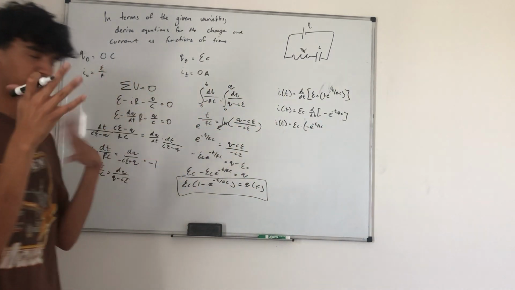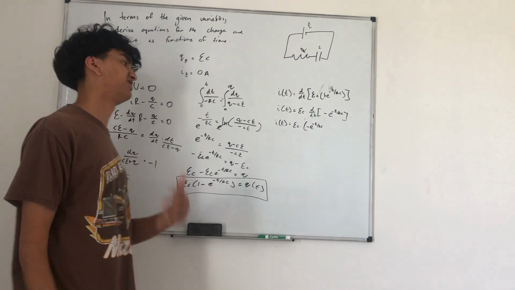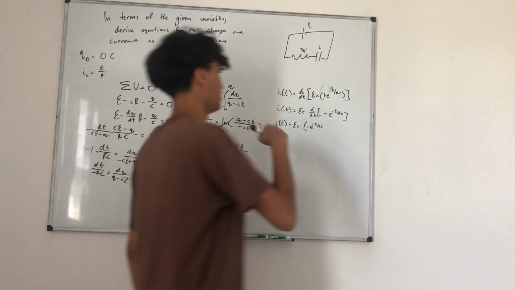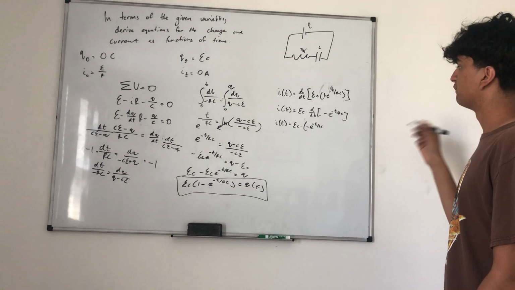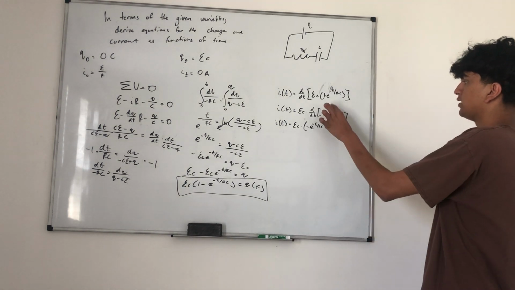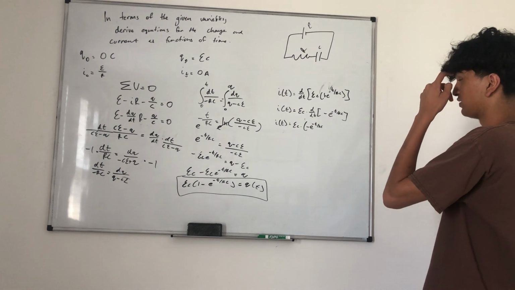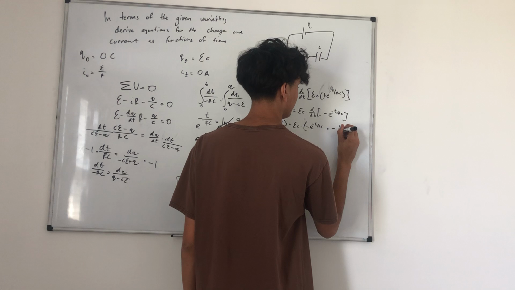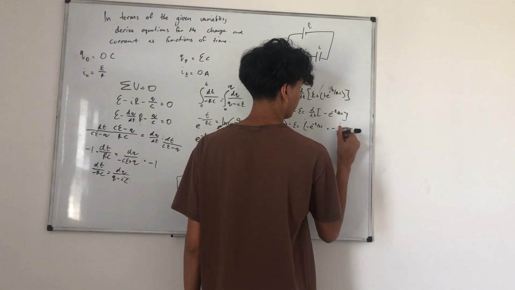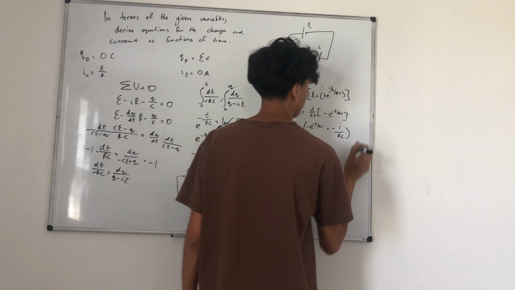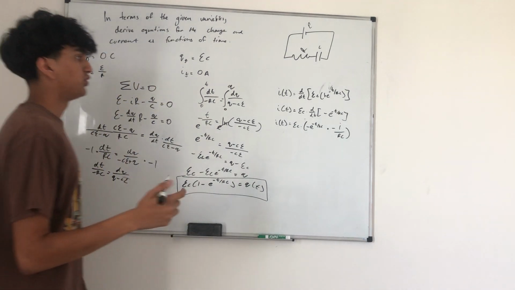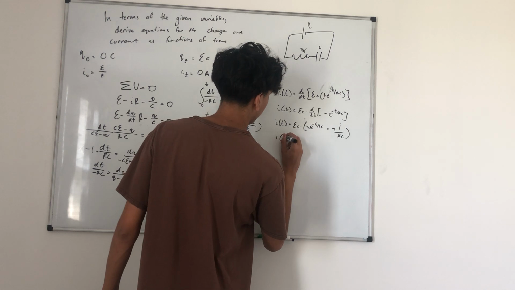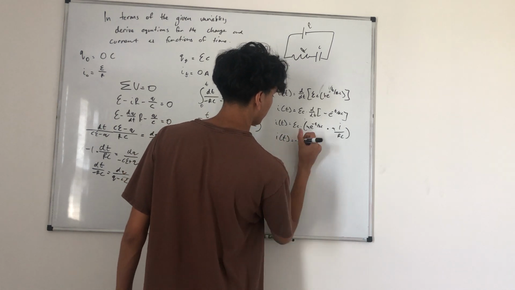That comes from e to the x having derivative e to the x; watch calculus videos if what I did just made no sense. Then we multiply by the derivative of the inner with respect to time, which is negative 1 over RC. So these negatives cancel, and we get current as a function of time.